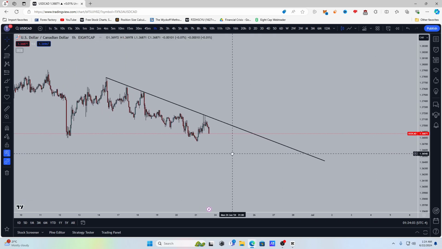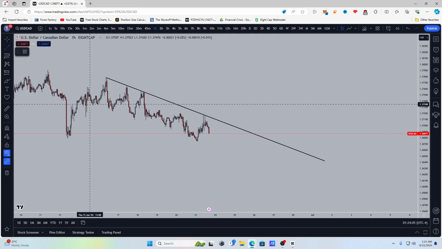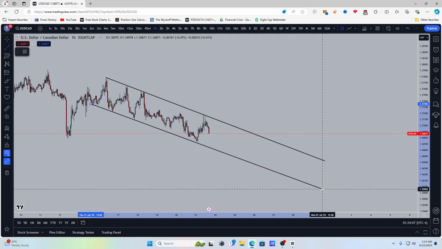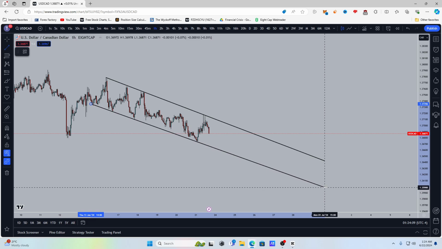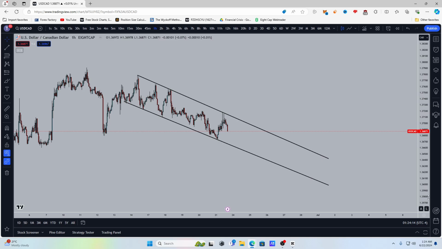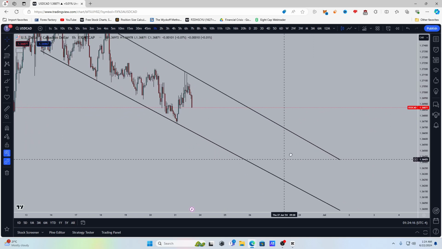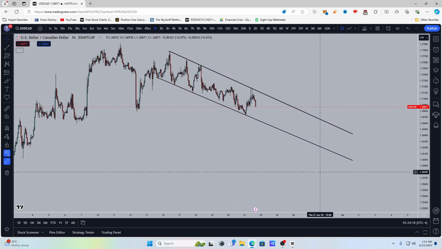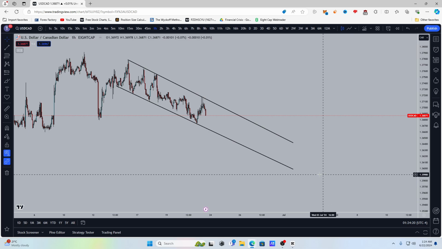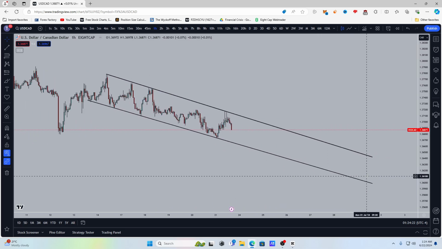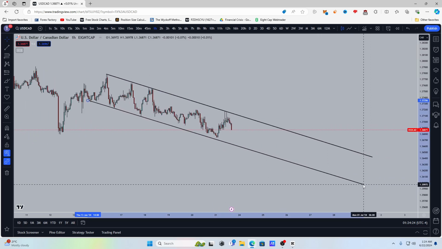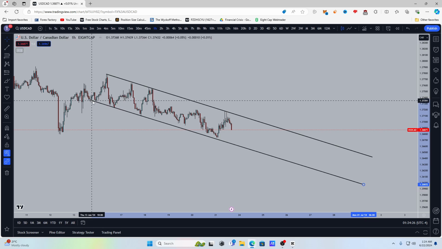So we have the top side done. Now I want to do the bottom side. And let's see how this is working out. Okay. I do think we got one, two, one, two, this way right here.